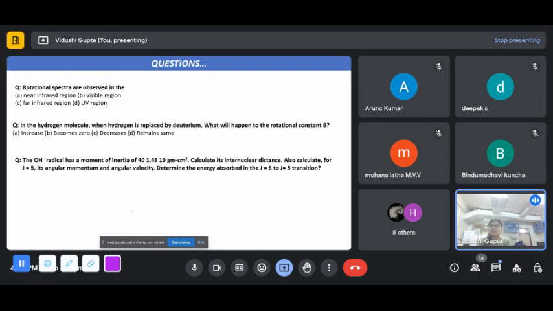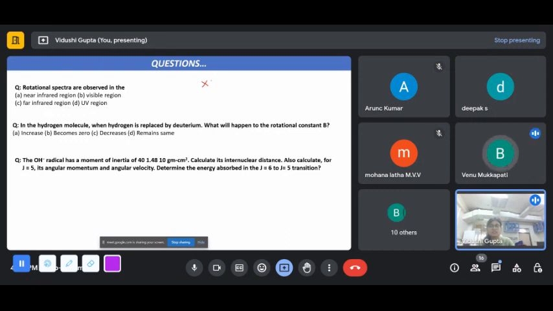Now the next question: the rotational spectra are observed in the near IR region, visible, far IR or UV. Where do you observe the rotational spectra? You know the electromagnetic series? It's IR.